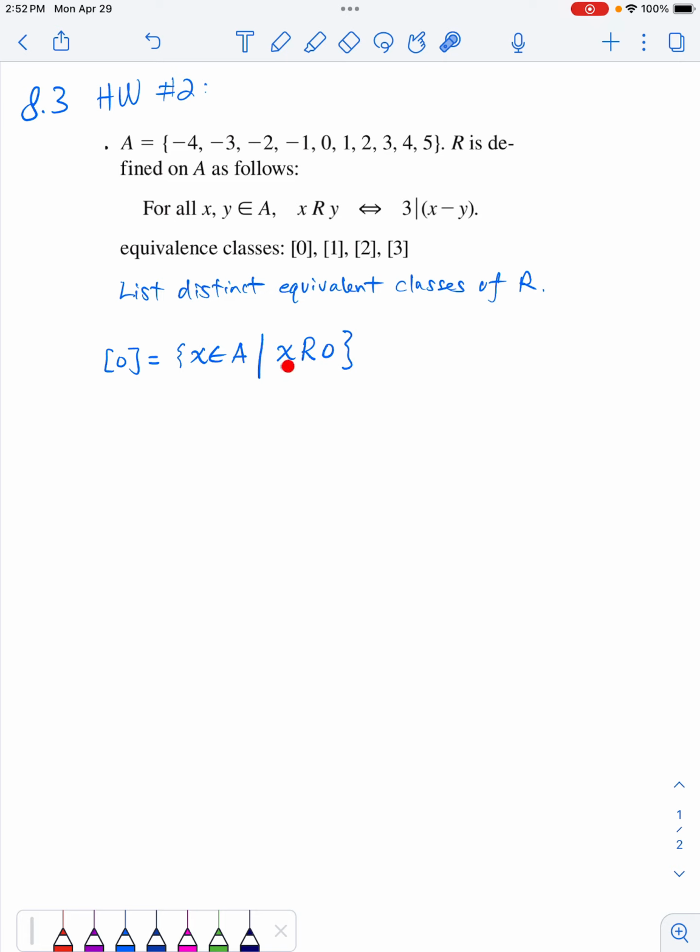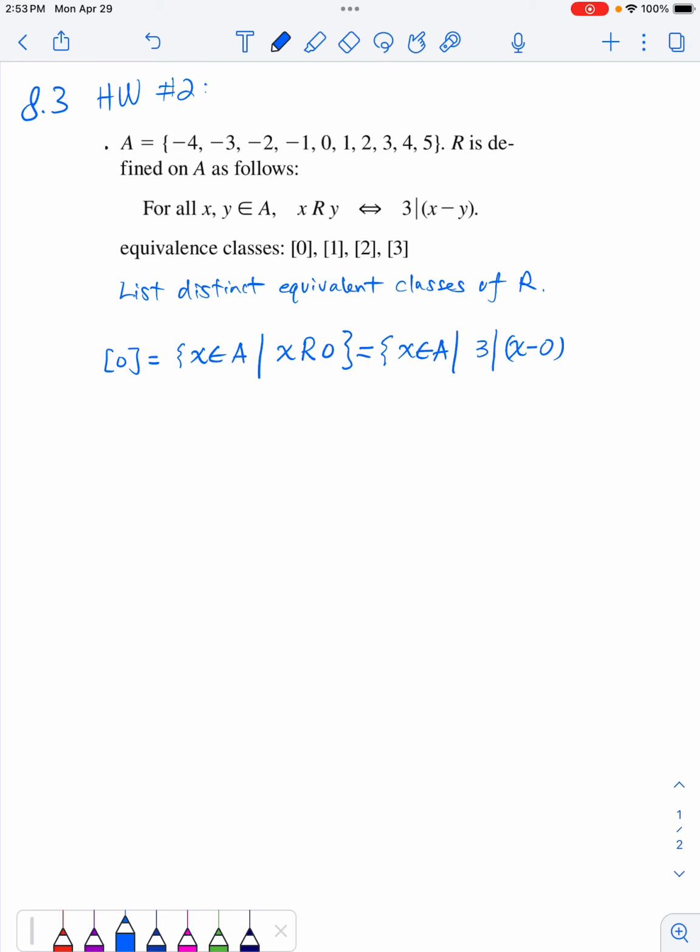So now, of course, let's look at how the relation is defined. x is related to y if and only if 3 divides the difference of x and y. So in other words, what are the elements in A that we're looking for? They are the elements so that 3 divides x minus 0.